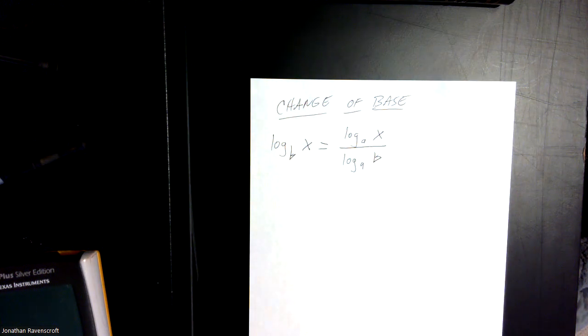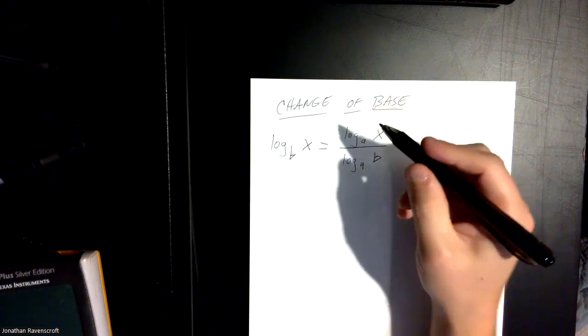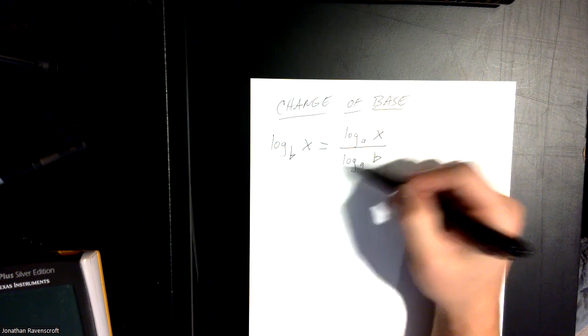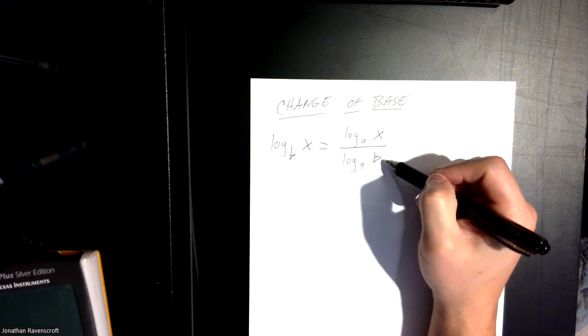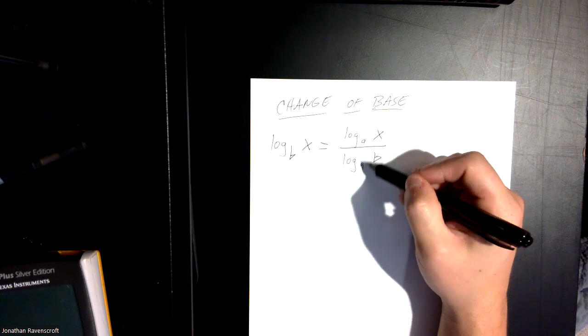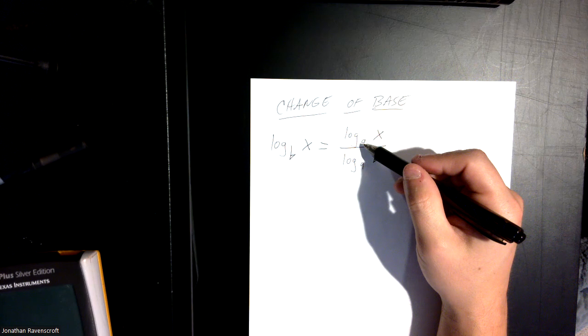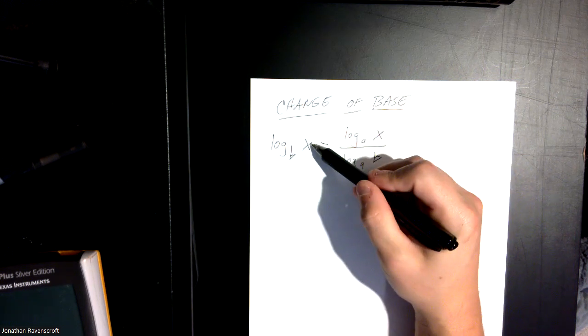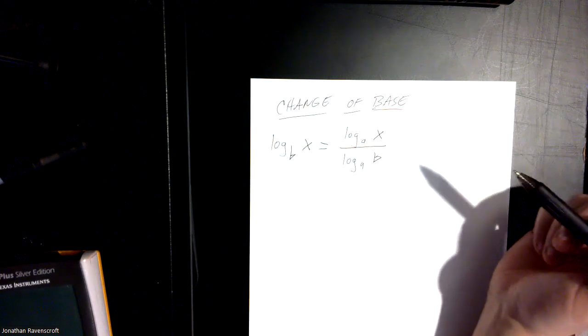Now I know this is very confusing looking. Log base b of x equals log base a of x over log base a of b. Well, what this a is, a can be anything. It can be 1, it can be 10, it can be e, it doesn't matter. What this does is you say the log of this divided by the log of this.